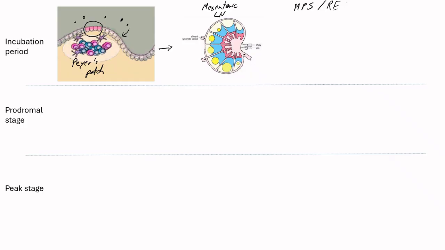RES is the older name, but it is actually still used more frequently: the reticuloendothelial system. Which organs are these? Which are the organs of the RES? That's the liver, the spleen, and the bone marrow.